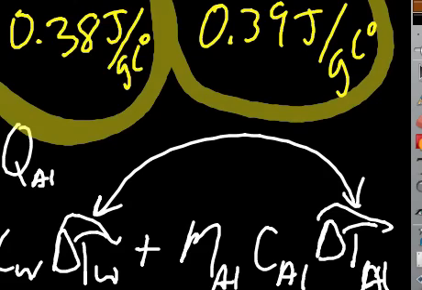Steel is 0.45 joules per gram Celsius degree, which is the dark block. Aluminum was the light block, at 0.910 joules per gram Celsius degree. The yellow block was brass, at 0.38 joules per gram Celsius degree. And the reddish block, the one that looks like a penny, is 0.39 joules per gram Celsius degree.